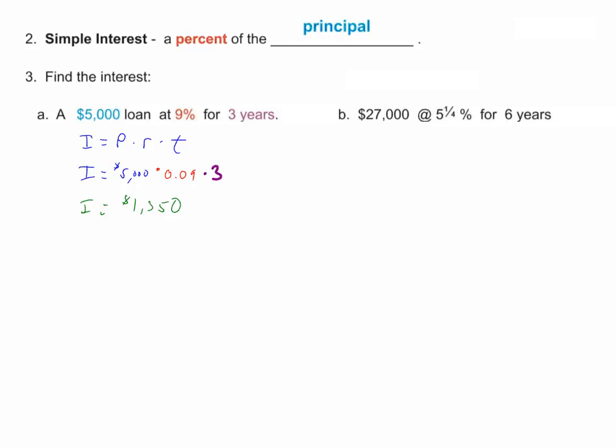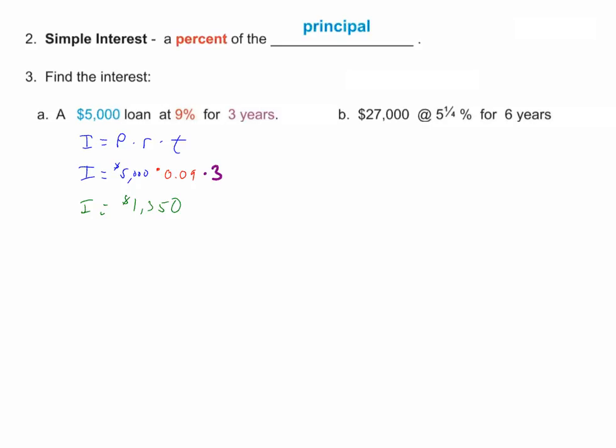See how people get in trouble with money? Real fast. This is $1,350 extra money they have to pay to borrow that $5,000. So at the end of the 3 years, how much would they have to pay off the loan? $6,350. It costs them $1,350 to borrow that money.